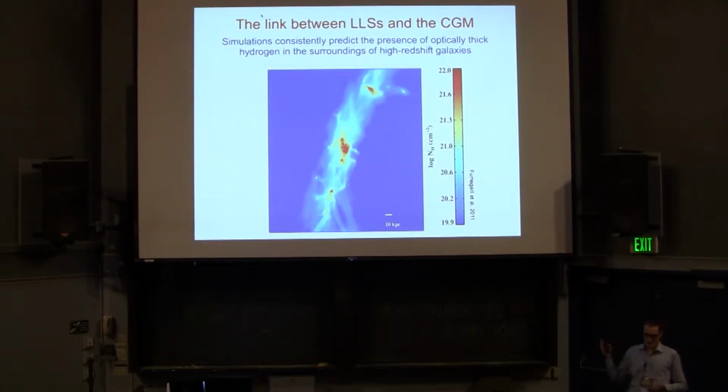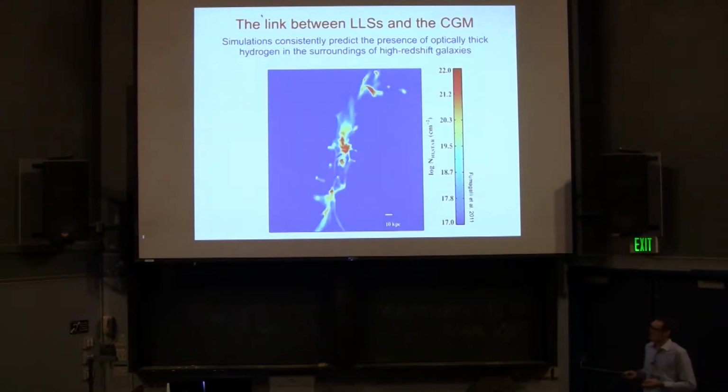What you're looking at here is a map of the total hydrogen. And so when you turn on the radiation field, ionizing radiation in the form of the UV background, or also ionizing radiation coming from stellar particles, what you see is that most of this gas is actually ionized.